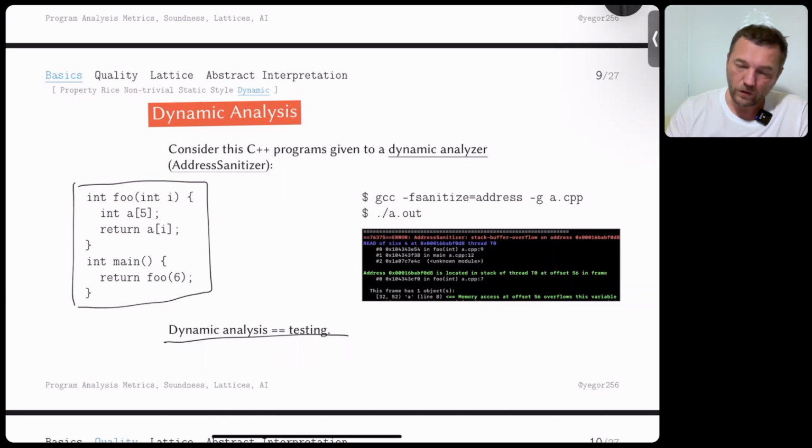Why? You probably understand, because here in this function foo, we allocate an array of 5 elements, and then we're trying to get the element by the index i, and the index i is coming as an argument from here, and here we pass the argument 6.